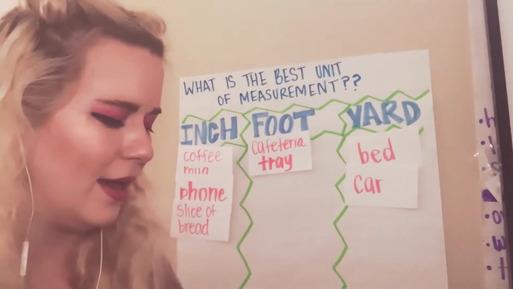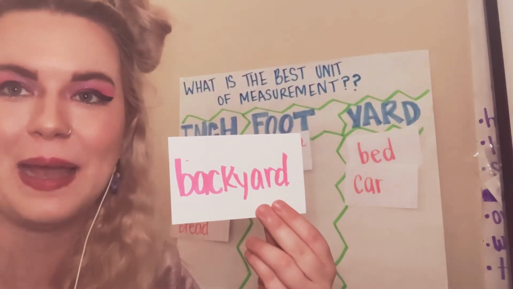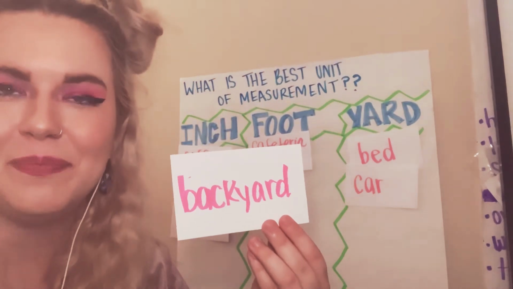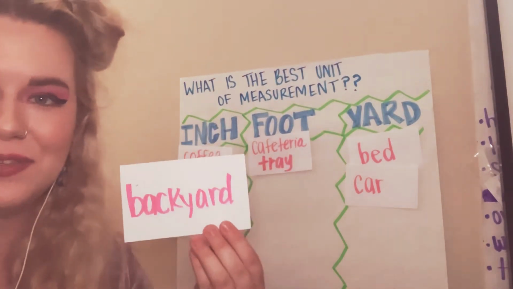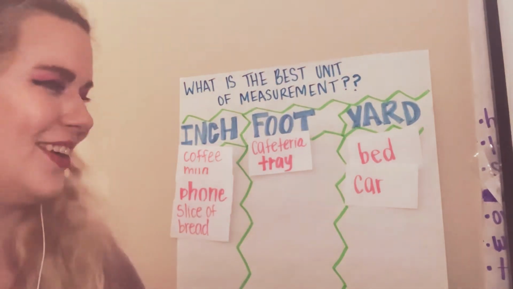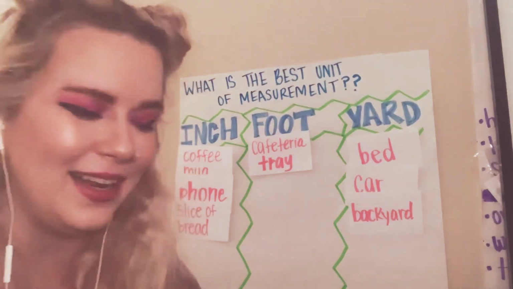Okay, what about your backyard? If you wanted to measure from your back door to the back part of the fence, would it be most appropriate to use inches, feet, or yards? Yards, right. You want to use the biggest unit of measurement because that's a bigger item.